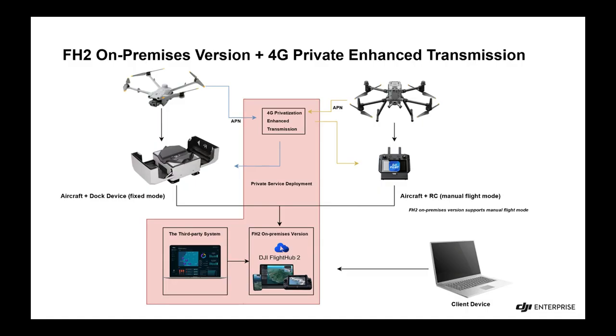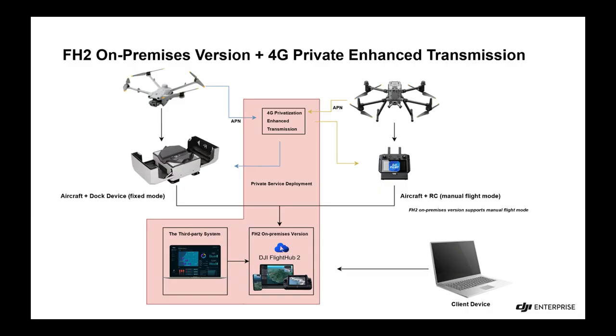And similarly, you can access this data or this transmission link using a client device from an external network to the internal private service environment using VPN, or if your network is configured for port forwarding, allowing you to access your internal network via an external one, that's achievable as well.